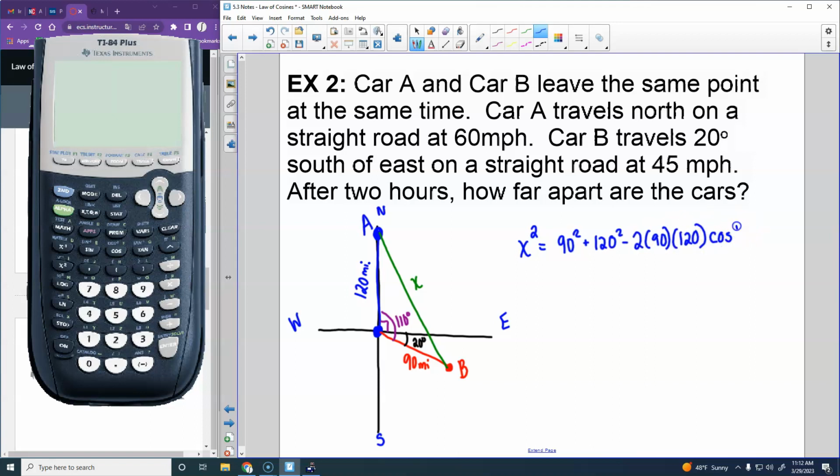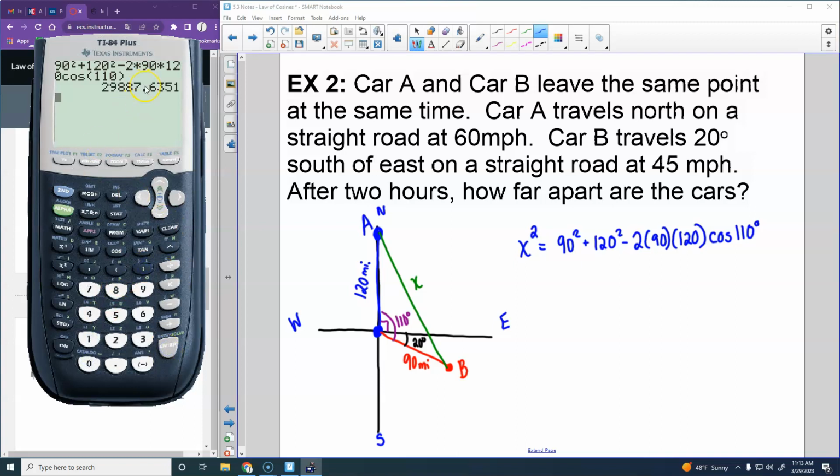cosine of 110. So we'll have 90 squared plus 120 squared minus 2 times 90 times 120 cosine 110.